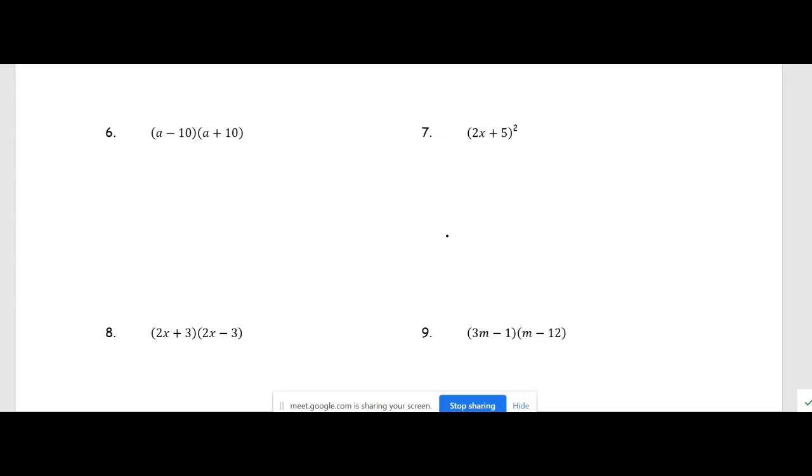Nothing crazy, but something interesting should happen here. When you simplify this, something nice should happen.